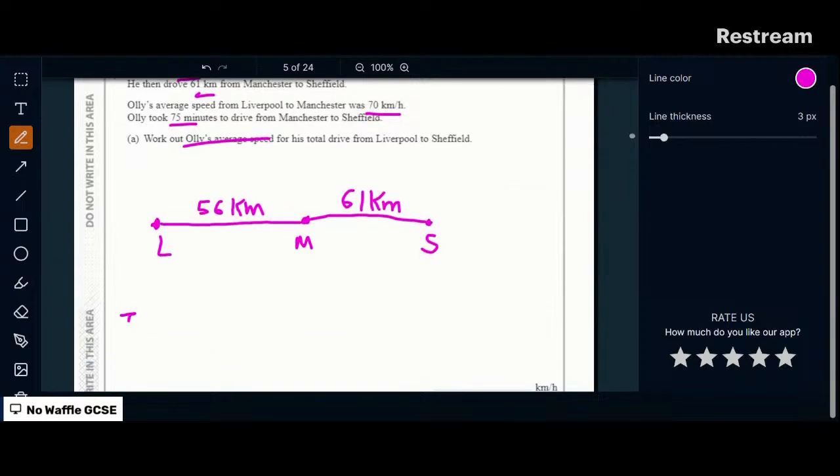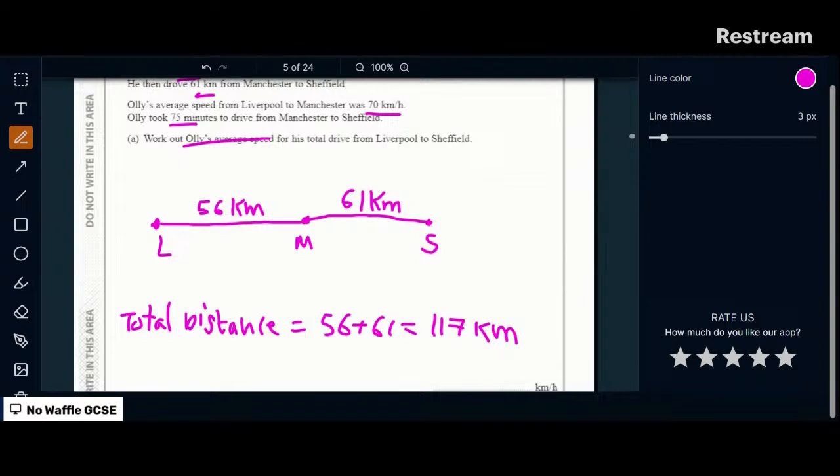So you can then write that the total distance is 56 plus 61, which is 117 kilometers. Okay, so that's the total distance.